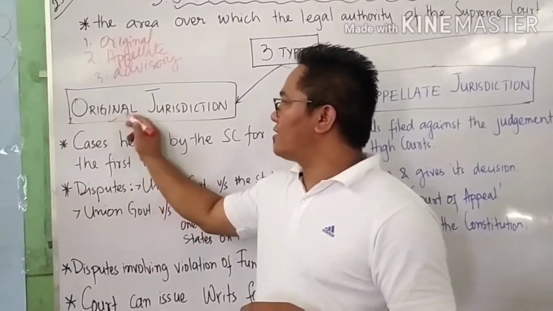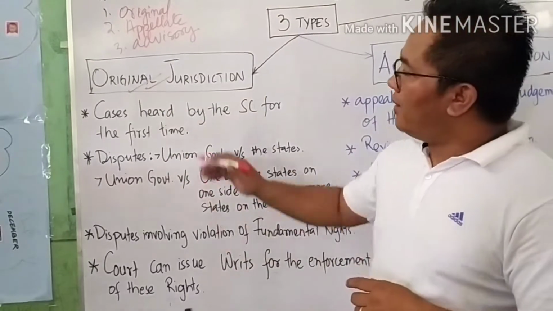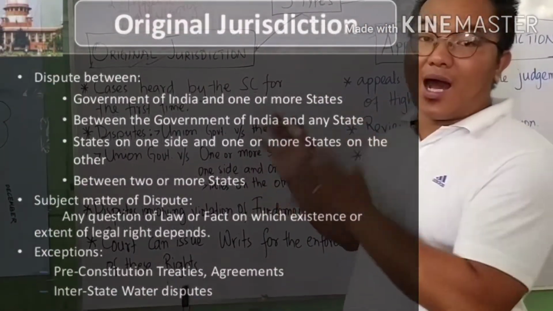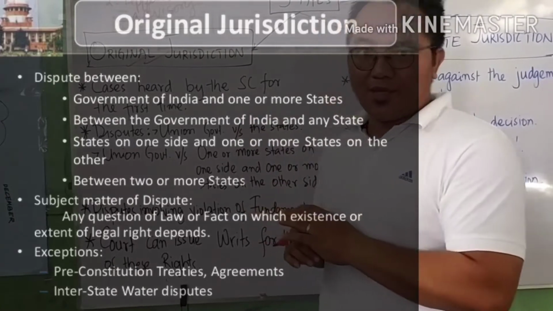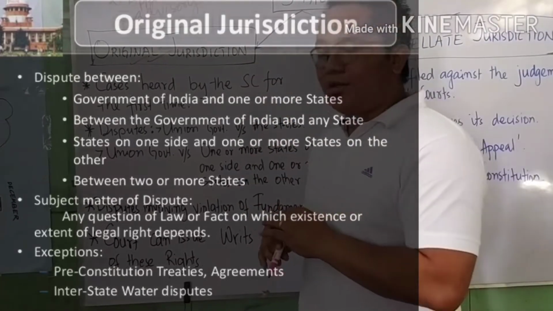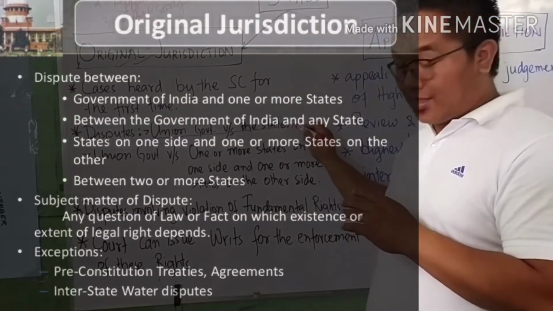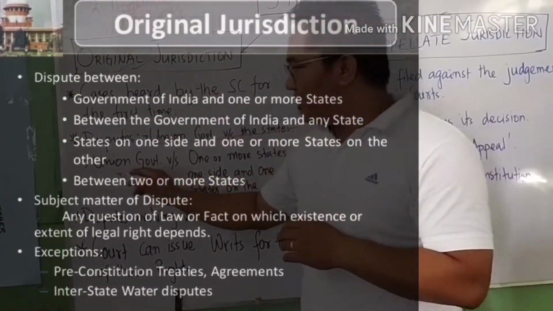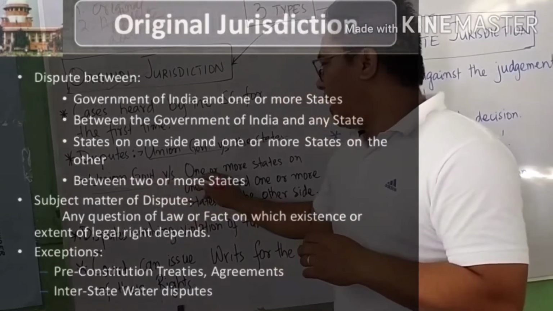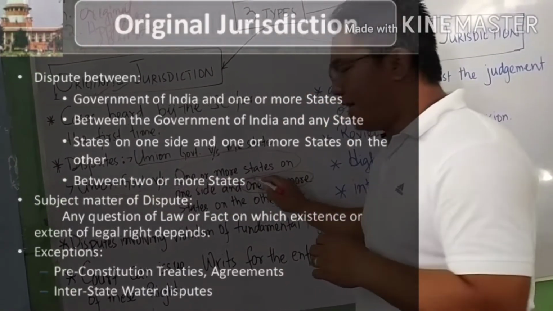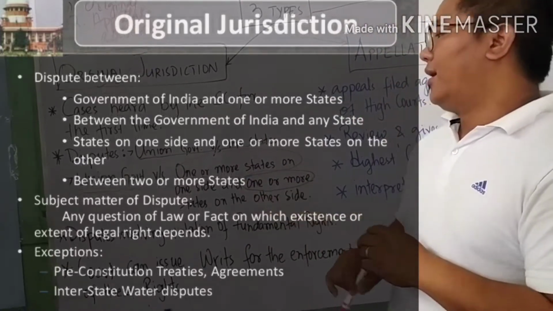The first is the original jurisdiction. Here, the original jurisdiction involves cases which are heard by the Supreme Court for the first time. It also includes disputes between the union government and the states, or a dispute between the union government and one or more states on one side and another one or more states on the other side.